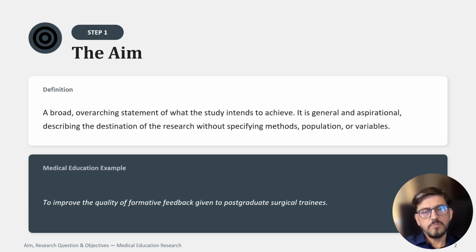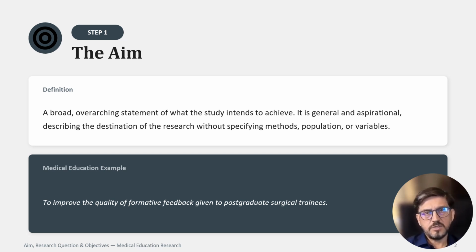So let's come to the first concept, which is AIM. Remember that AIM is a broad, overarching statement which defines what your study aims to achieve. It should not include any methods or methodologies.